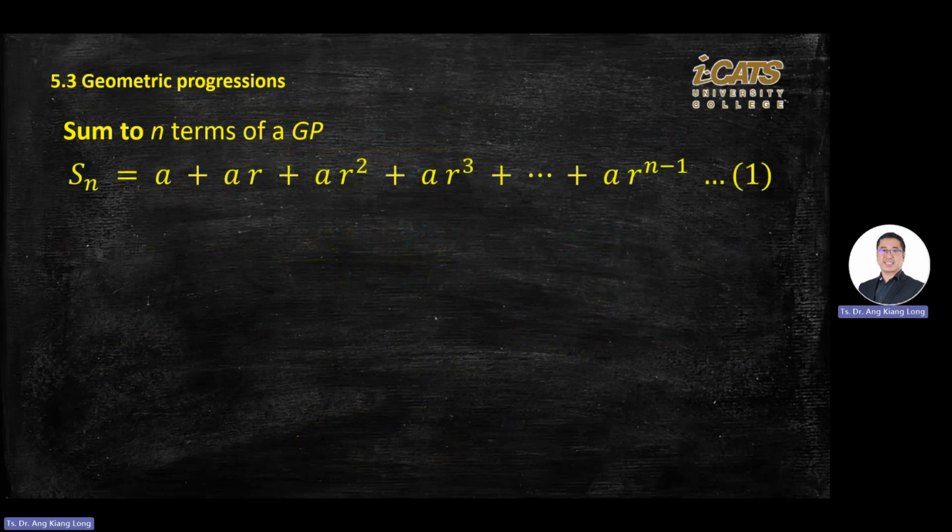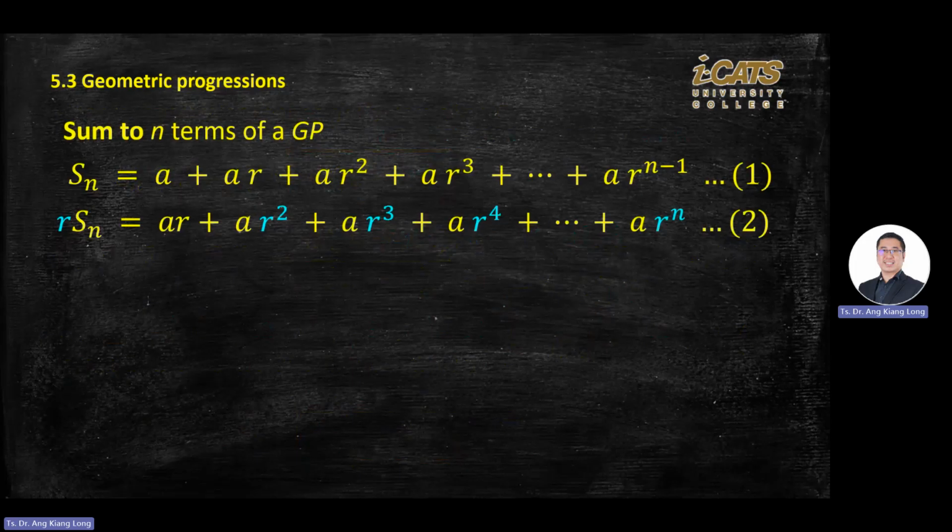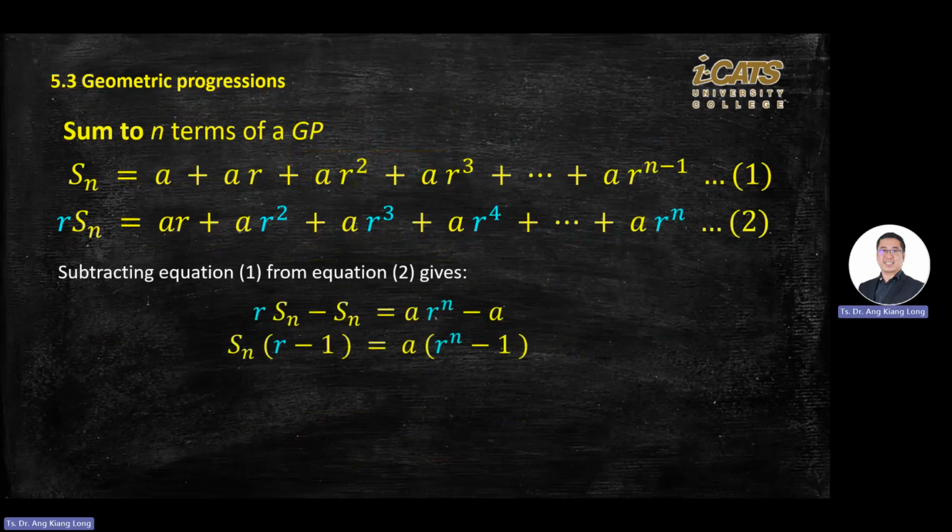Okay, another set. So the same two equations. Just now we took 1 minus 2. Now we take 2 minus 1. We rearrange the equation, which means we are still eliminating the middle terms of AR squared, and so on.